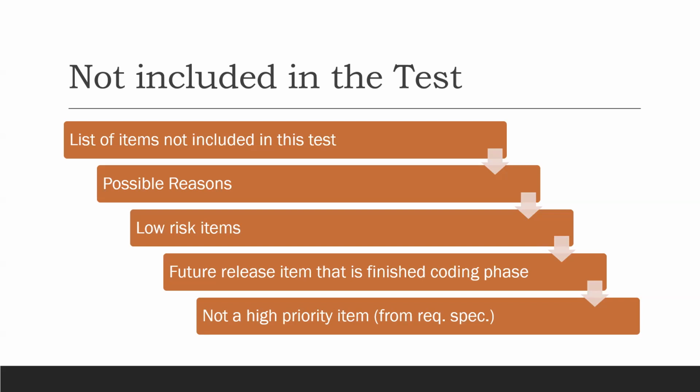Cold code is basically a functionality that was developed ahead of time, but the code is not integrated in the repository. It's not integrated in the current version or the build, right? Because it's going to be done later on.